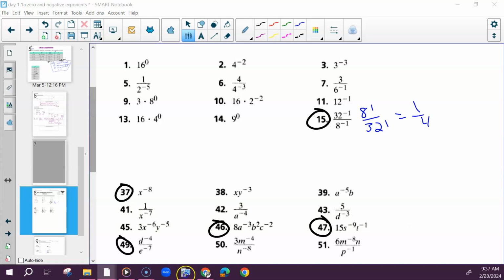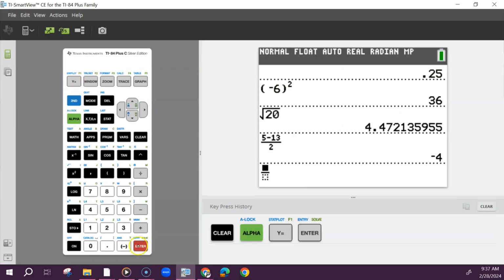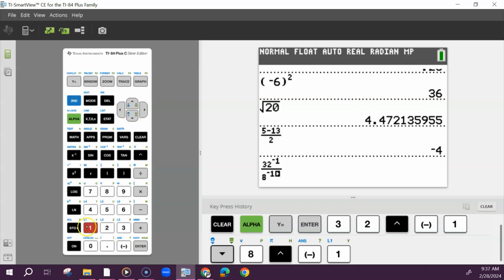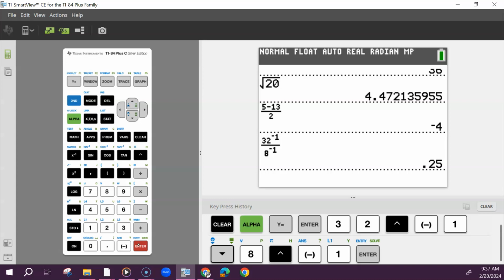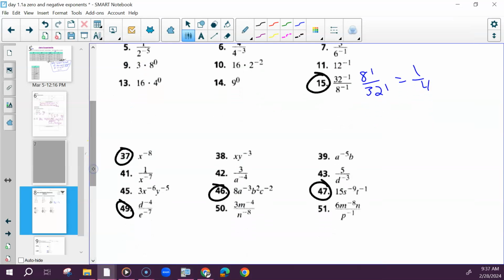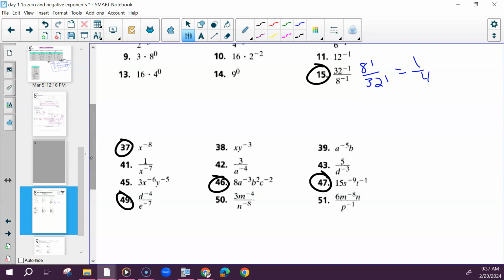If you had put 32 to the negative first over 8 to the negative first into your calculator, it would also give you that same answer. Now, this won't always work for everything, but for now, you can use it. Questions on 15? Okay, 37 is just your negative exponent rule. Take this, flip it, and make it positive.